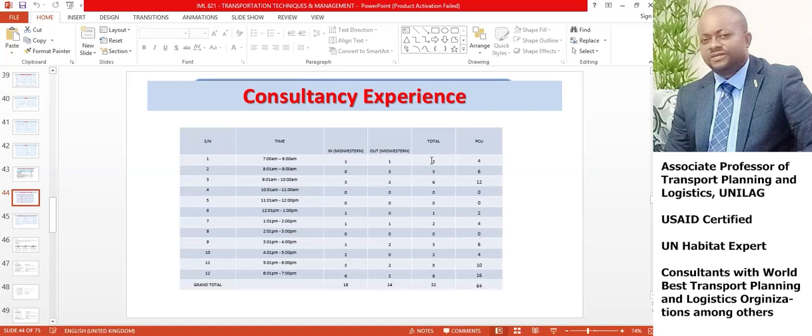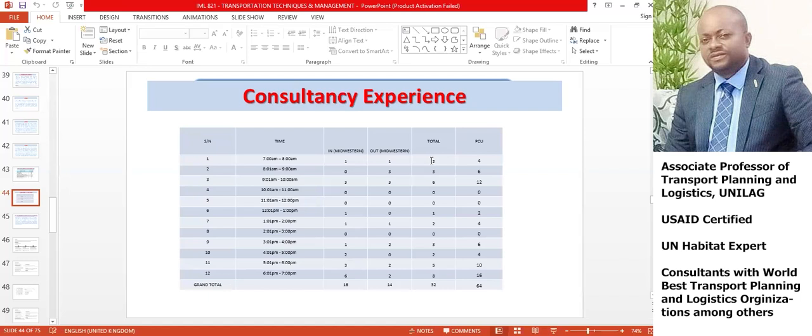Give me the vehicular types and I will give you the value that you should use. From the consultancy experience I've had in Nigeria, give me the vehicular type. Let me give you the value that you use as multiplier. Truck, use 3.